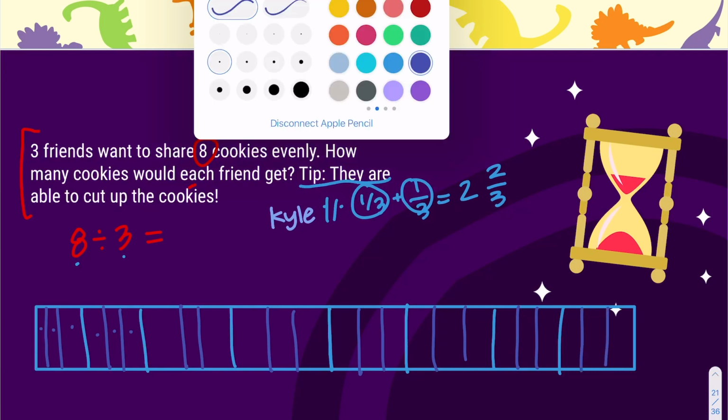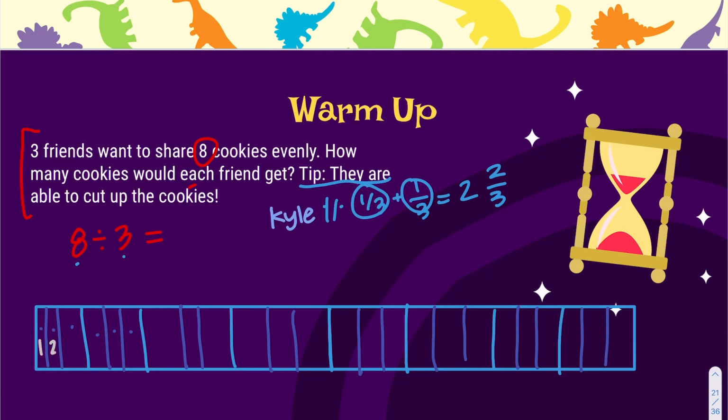What we're going to do now is we're going to count them all up. So here's 1, 2, 3, 4, 5, 6, 7, 8, 9, 10, 11, 12, 13, 14, 15, 16, 17, 18, 19, 20, 21, and onward.